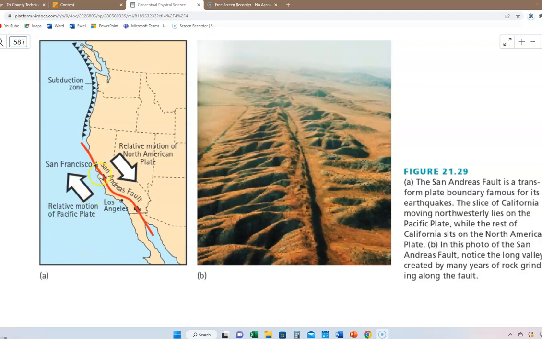So this is a good example of it. The North American plate is moving in a kind of southeasterly direction. The Pacific plate is moving in a kind of northwestern direction, and so they're slipping past each other, and you get these fault lines. All right, so that's a transform fault.